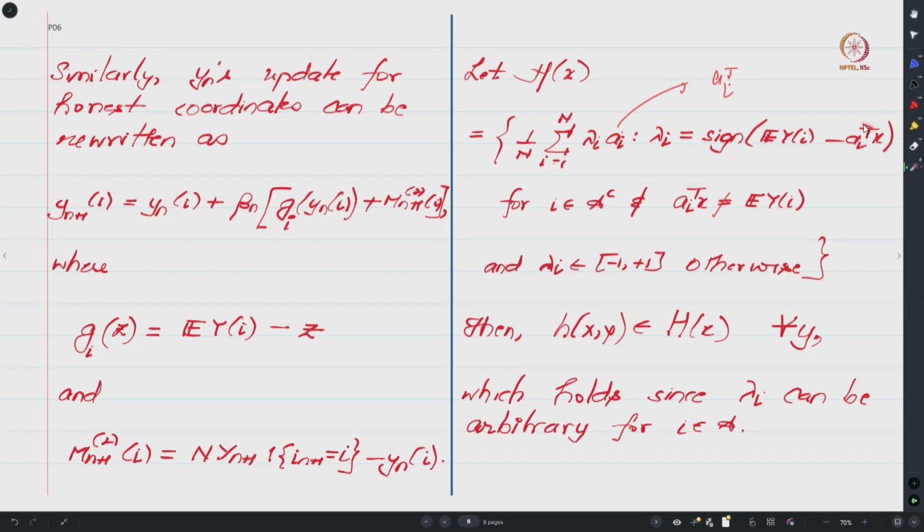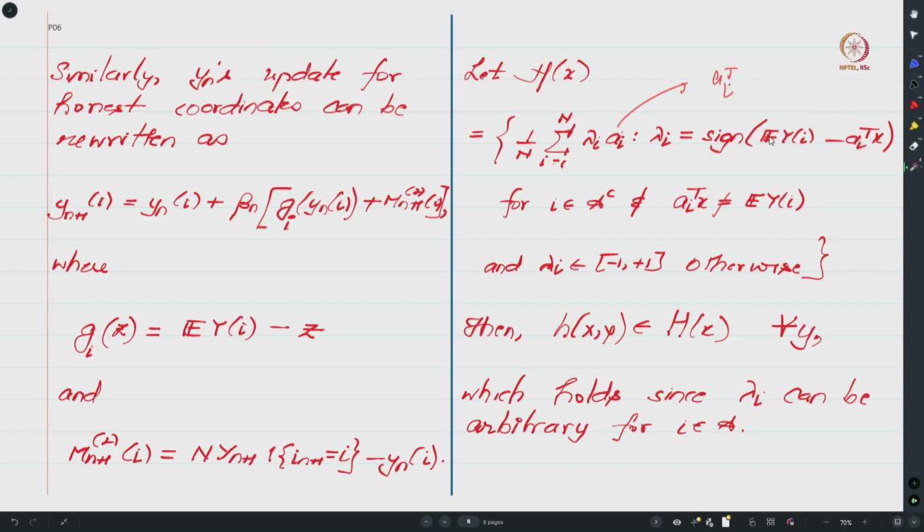Now this quantity is not 0, because of this insistence that we have, so it either will be positive or negative. Keep in mind that a_i transpose x is also a scalar, so this is a scalar. Since this is not 0, either it will be positive or negative.